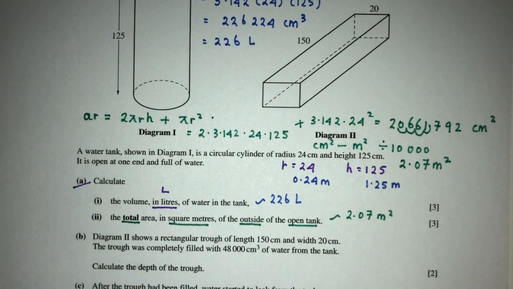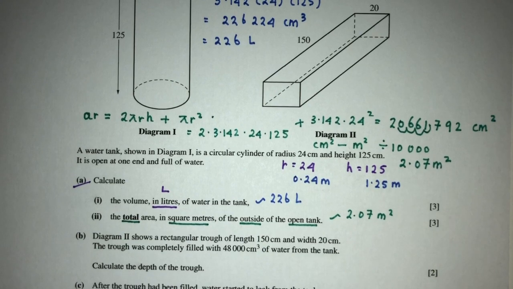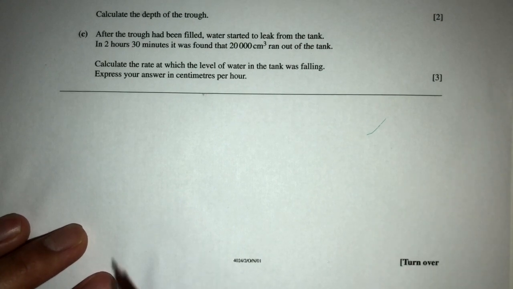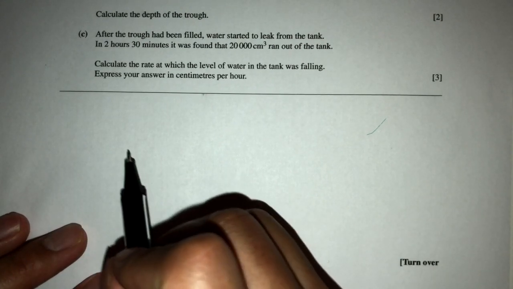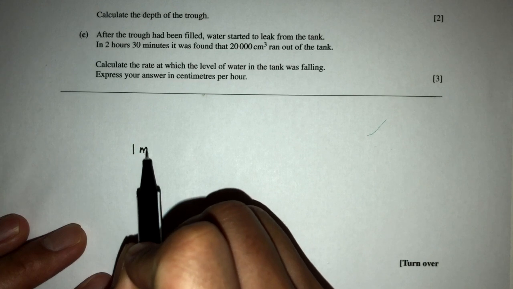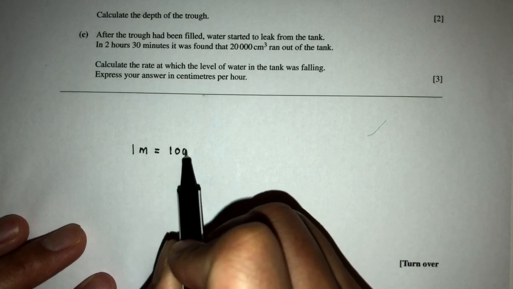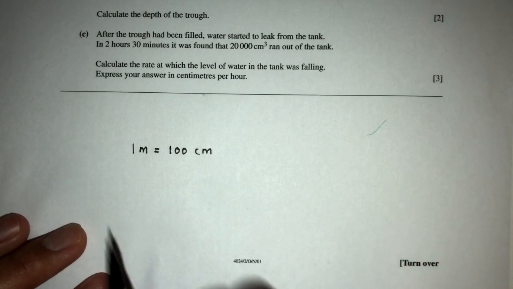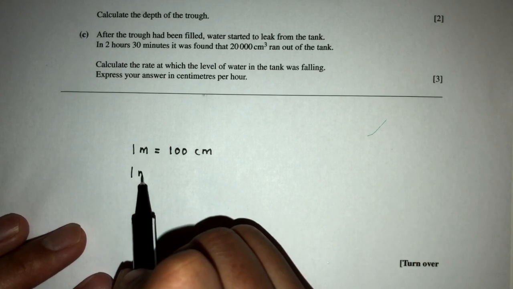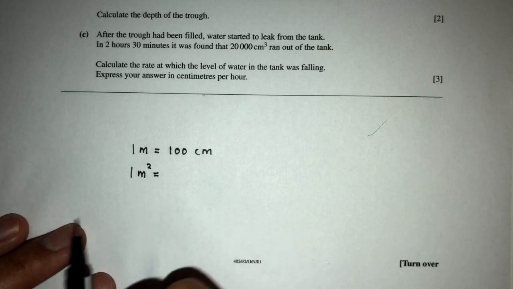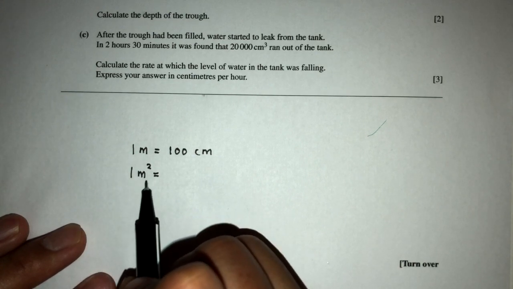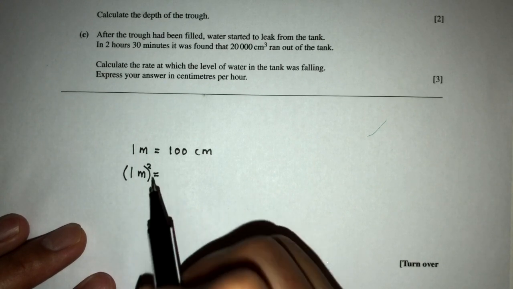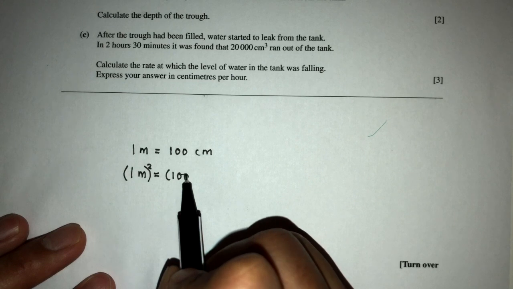Now you may ask, how do I know to divide by 10,000? So let's go back to the principles that we know. Basically we know that 1 meter has to be 100 centimeters. That's the first thing we know, right? Does that make sense? Now to find 1 meter square, because we have squared this value right here, we have to also square this side.